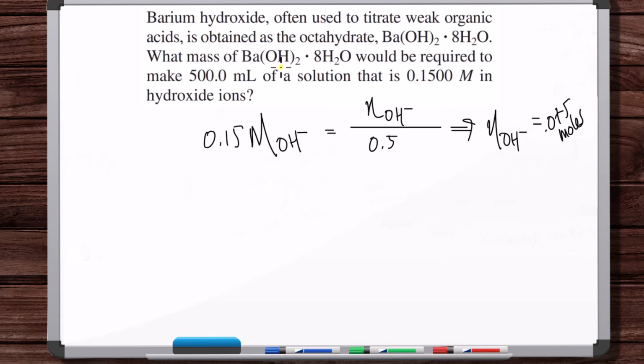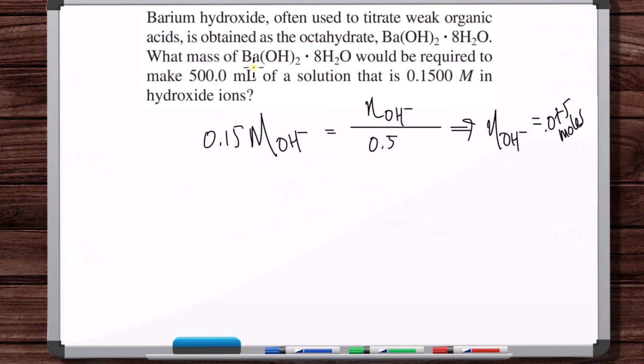But we also have to consider that it's 2 OH- ions for every one of these entire barium hydroxide octahydrates dissolved. As for the attached 8 water molecules, those just get mixed into the solution.